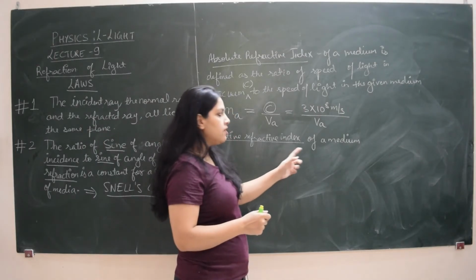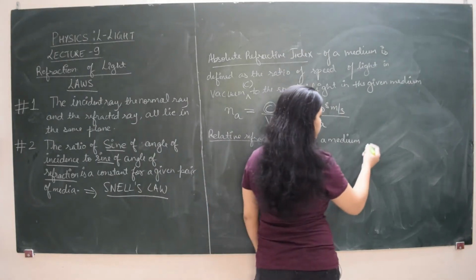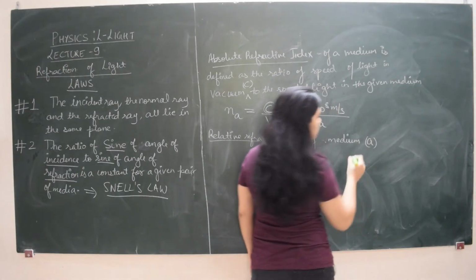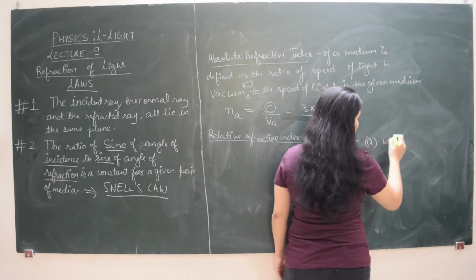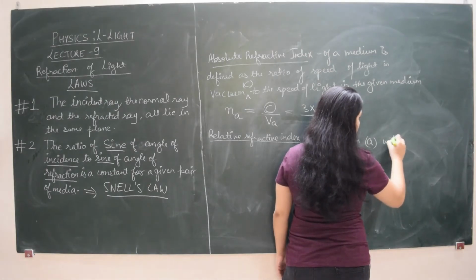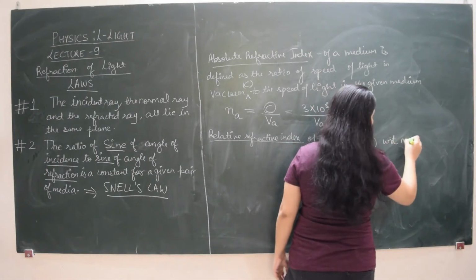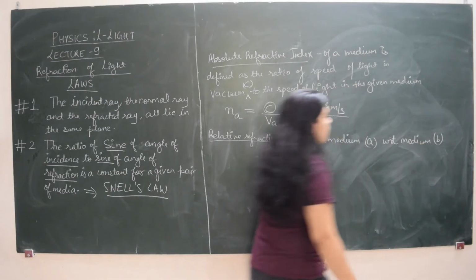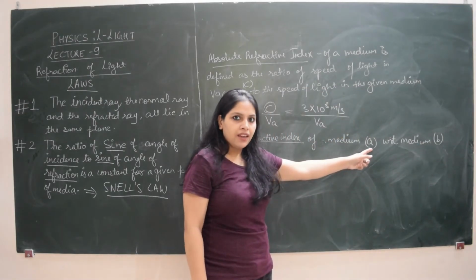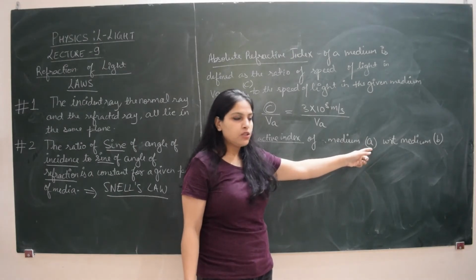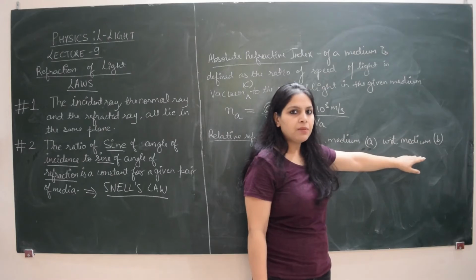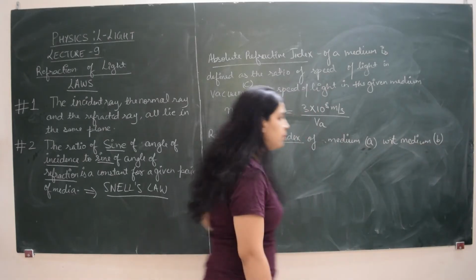So we say relative refractive index of a medium, let's say medium A, with respect to medium B. When I say relative refractive index of medium A, that means refraction is taking place in A. With respect to medium B, that means incidence is taking place in B.